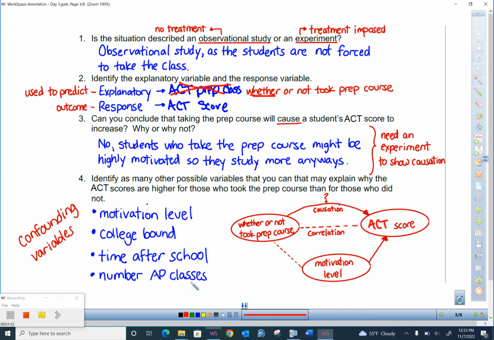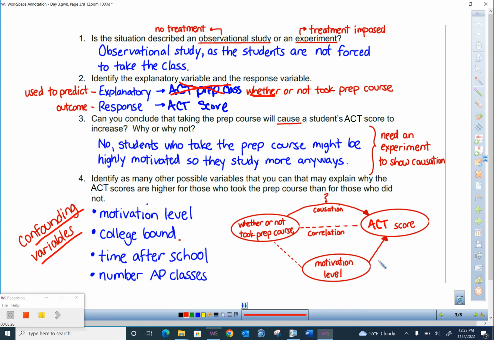The number of classes they have, because if you take some of the higher level math classes, you may do better on the math portion of the ACT. Same thing goes with maybe if you're in an honors English class, maybe that's a reason you did better on the English portion, and it had nothing to do with the prep class. So these are ideas, and you may have had different ones, something similar, but the big idea is that these are called confounding variables. They're other explanations other than what we're actually measuring.